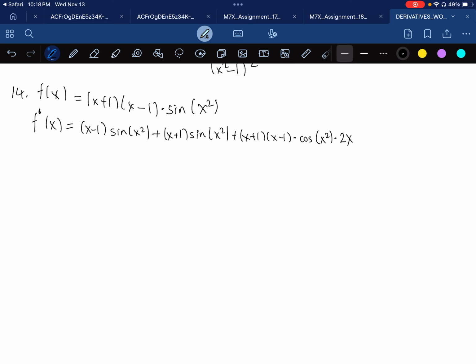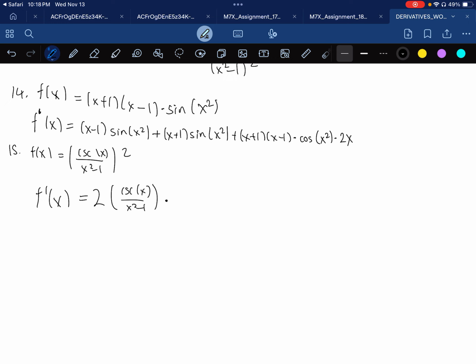Problem 15 now is, I will argue, another straightforward one. So it says that f of x is equal to this big expression, cosecant of x all over x squared minus 1, squared. Now we're going to use our power rule, right?